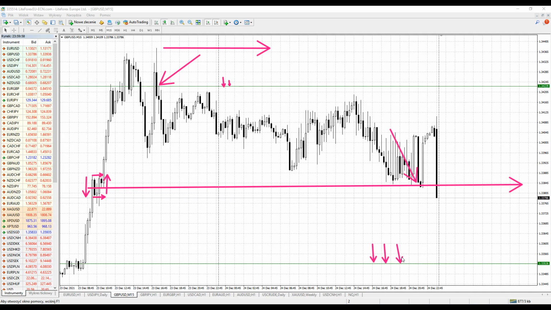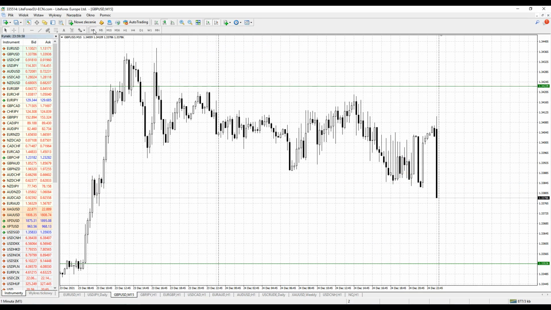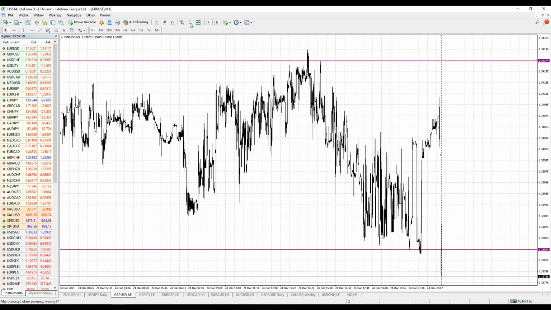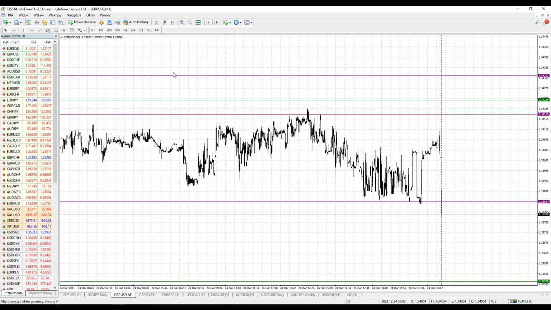You may put a few intraday lines on the 1 hour and 15-minute chart, and then try to execute based on the 1 minute chart when it comes to this particular cable trade.